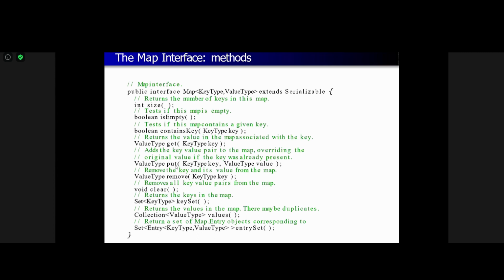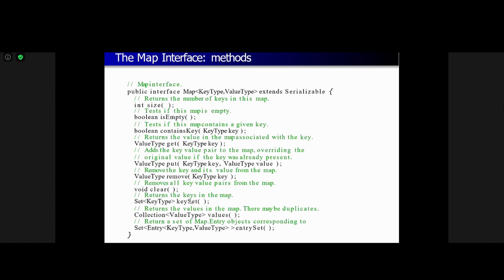Similarly, here's the basic put, which puts a new association into the system. Well, it doesn't have to be new. It could be overwriting something that's already there, but it adds a key value. So it overwrites. And you can remove a key, and of course, along with its value.